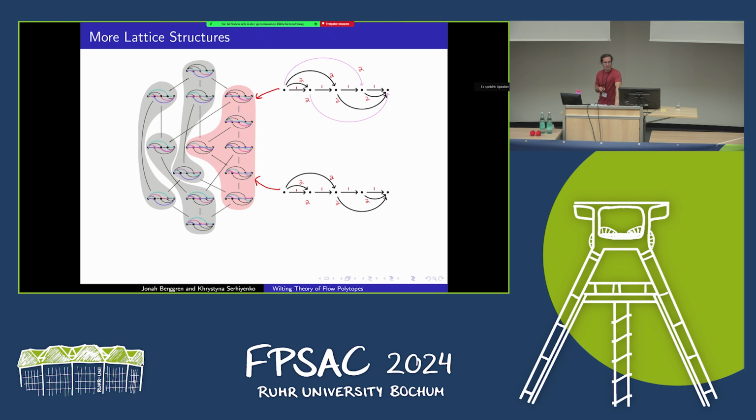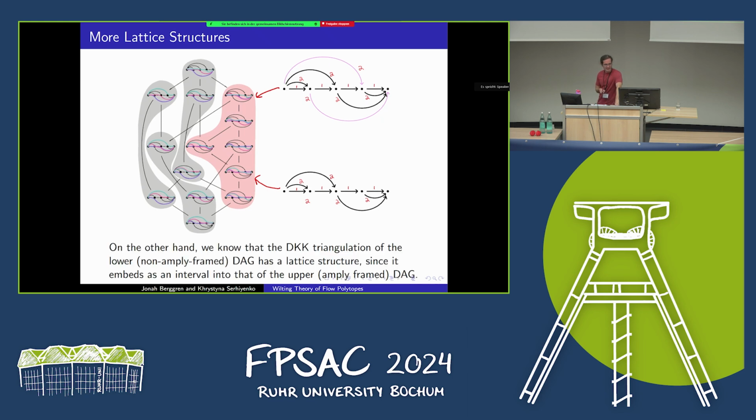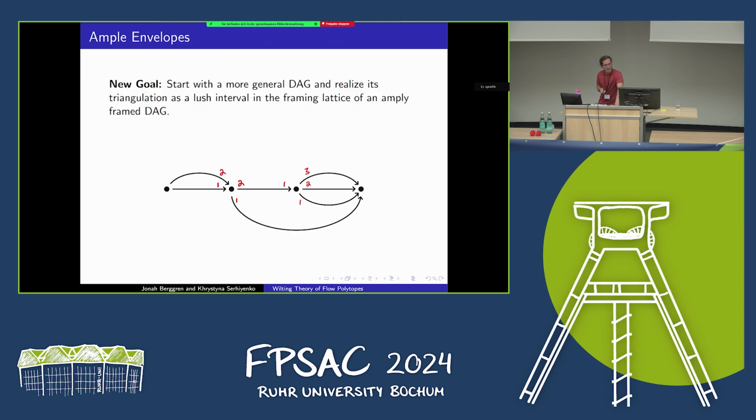So what I want to do broadly is start with something like this that's not amply framed and find something like this above it that has this interval that looks like our original. And I'm going to do this by defining some moves on DAGs that pull us closer to being amply framed.